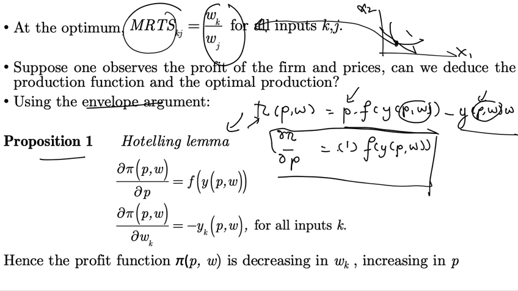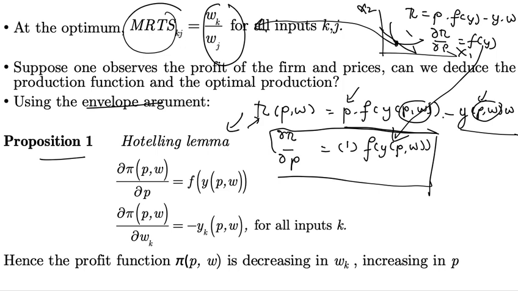So here, same thing, but we apply it for profit. And in particular, this is the indirect profit function. Okay? So usually profit, if we just have a simple one, is price times output, and then minus output times price of input. So differentiate it with respect to P, you get Fy. And Fy is this.